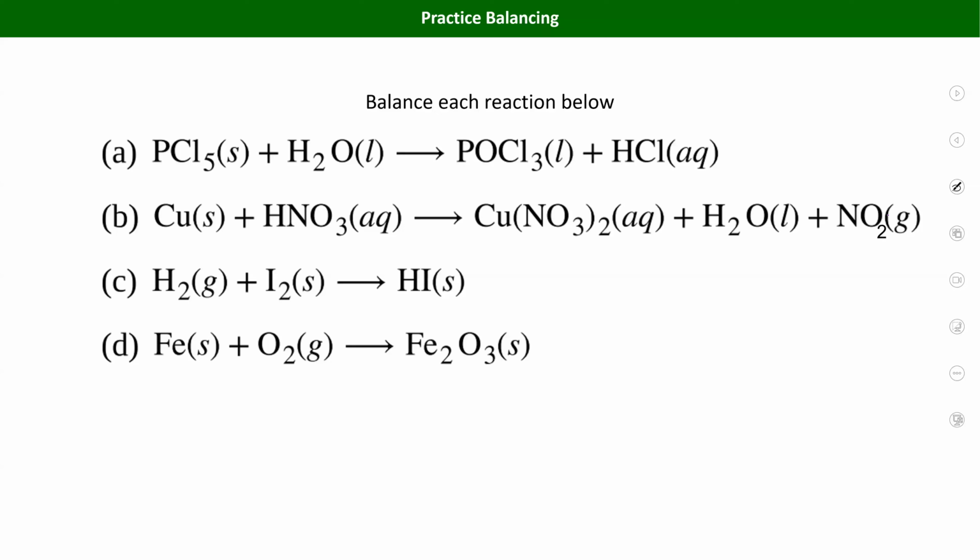No, so anything in the phases is not part of balancing. Basically, it's just saying the reaction's happening in water. In water, it's part of the reaction, but then at the end, you just get this HCl that's dissolved in water, it's still there.